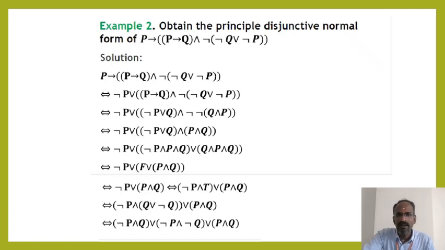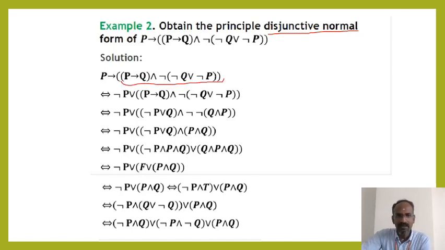And this is also another example of finding a principal disjunctive normal form, PDNF, of this given statement: P conditional Q and negation of negation Q or negation P. So this is equivalent to P conditional this.